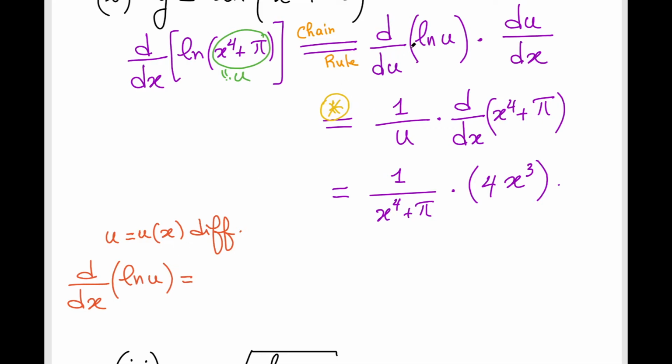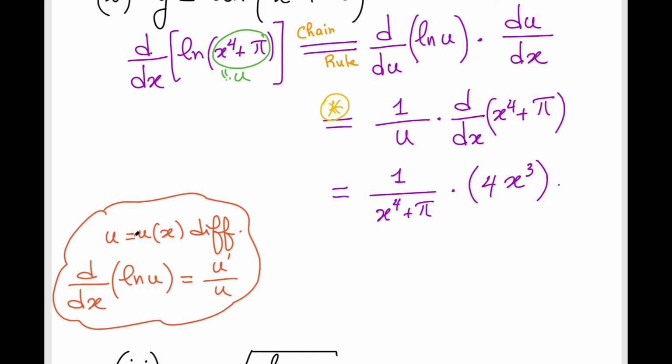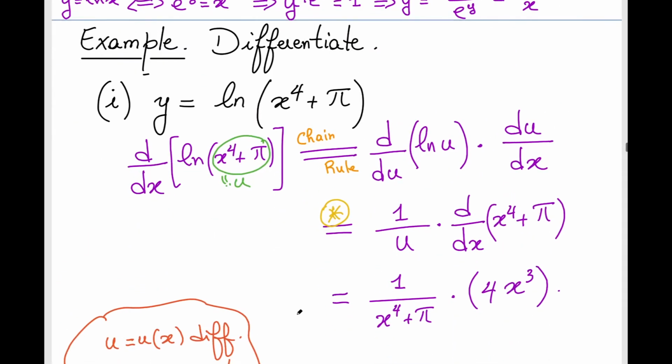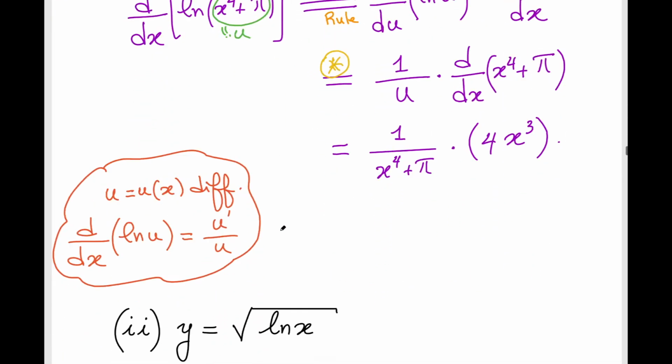Using the chain rule, we found it to be 1 over u times the derivative of u, the derivative of u with respect to x. So it's u prime times 1 over u. And what's u prime times 1 over u? It's u prime over u. So this is what we found. This is the combination of the asterisk property with the chain rule.